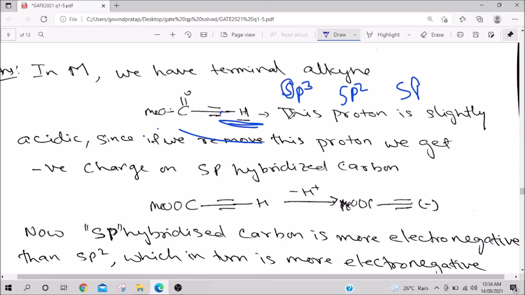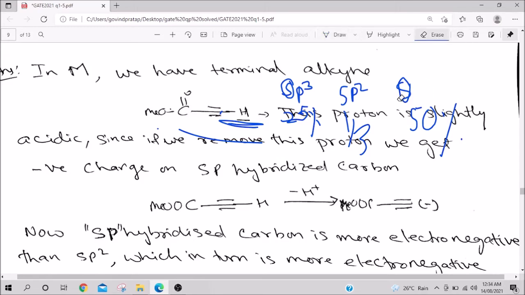Out of 4 only 1 is s, so it is 25%, correct? Here, out of 3 orbitals, 1 orbital is s, so it is 1/3 or 33%. But here, out of 2, 1/2 is s, so it is 50%. Now, the s orbital has more penetrating effect than the p orbital.